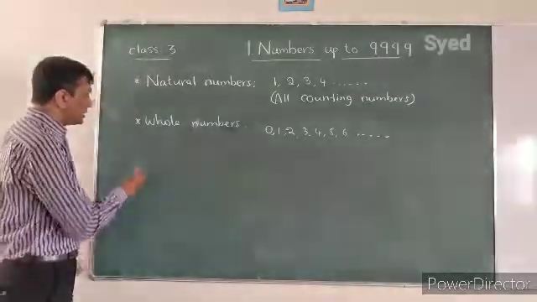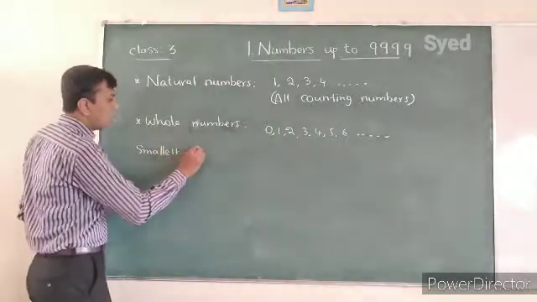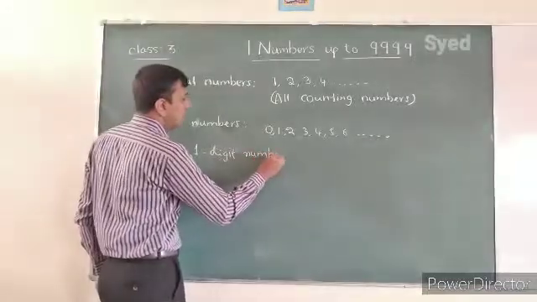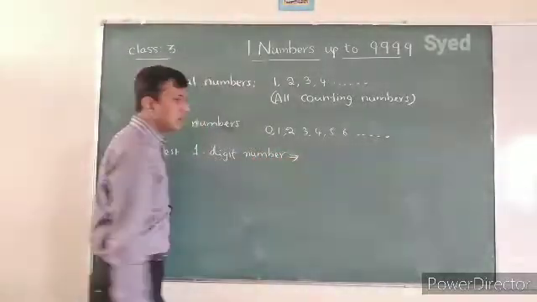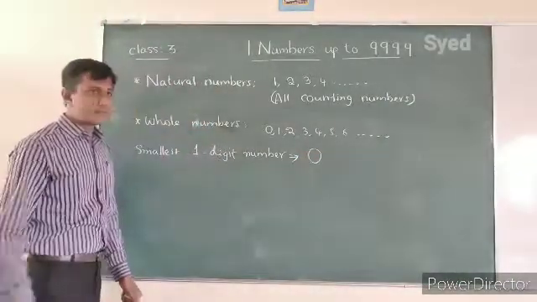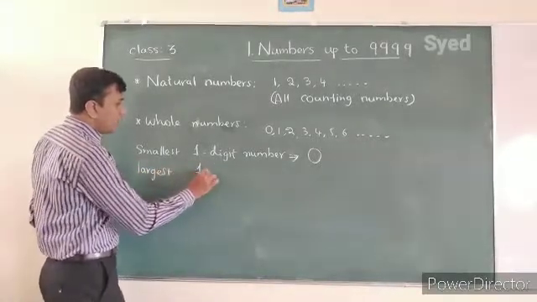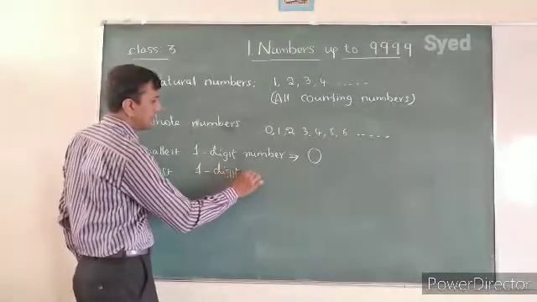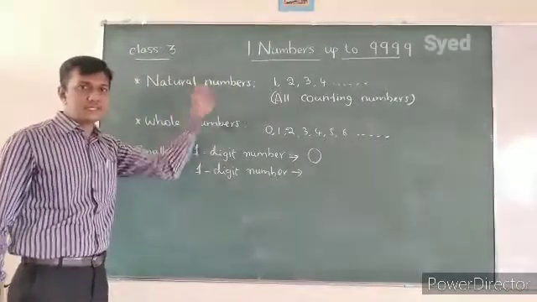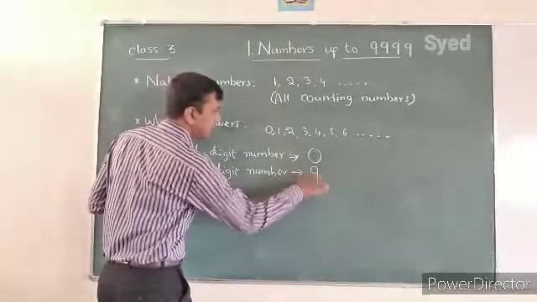Apart from this, we also learned the smallest one digit number. What is the smallest one digit number? 0. Next, the largest one digit number. Which is the largest? 9.